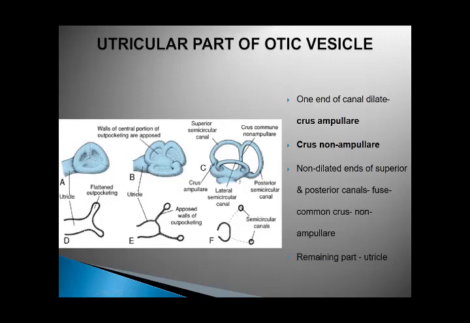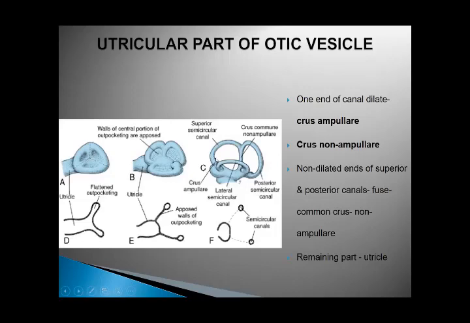Now what happens is that at both the ends the semicircular canals are ending in the central structure. Look at this, both the ends of the semicircular canal are ending in this utricle. Okay. Now where they are ending over here, in every semicircular canal one end becomes dilated.